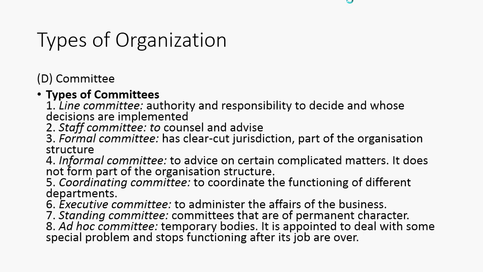The members are part of the organization structure, they come together and form a formal committee, so they have the jurisdiction to give out orders. The informal committee is to only advise on certain complicated matters, so it does not form part of the organization structure. The members can be from elsewhere.